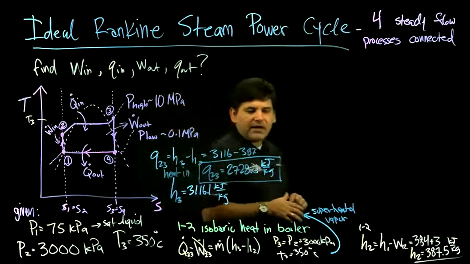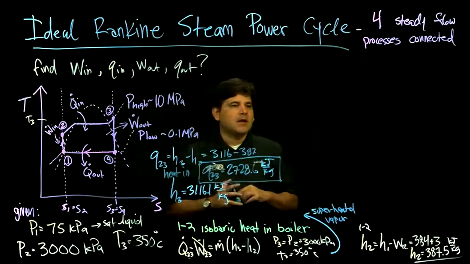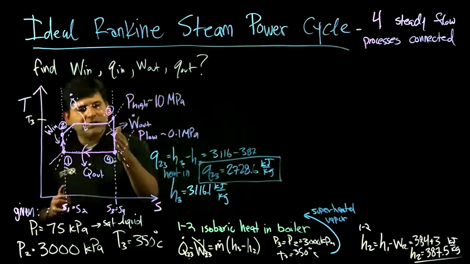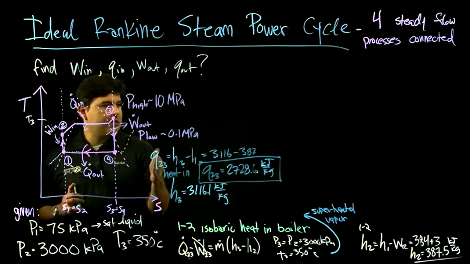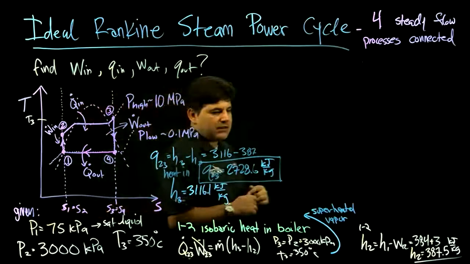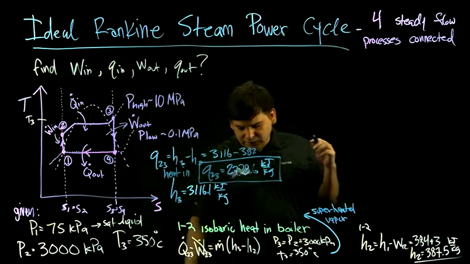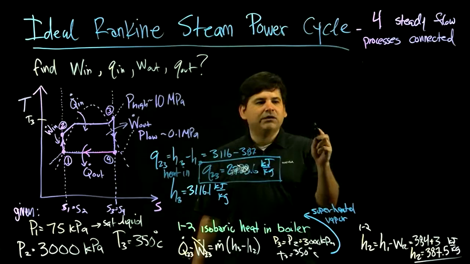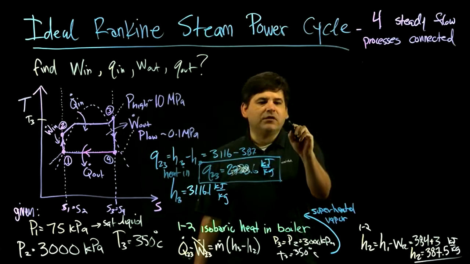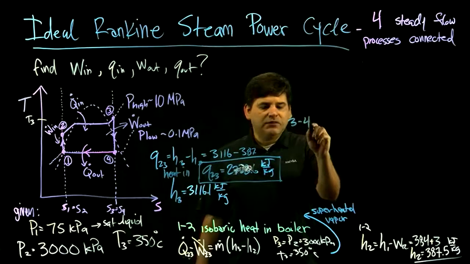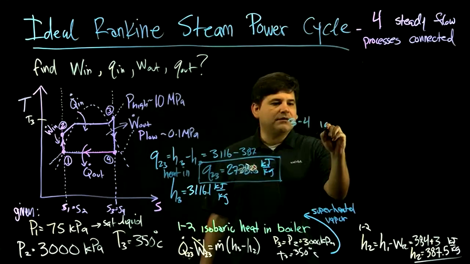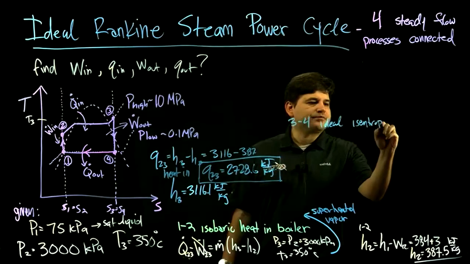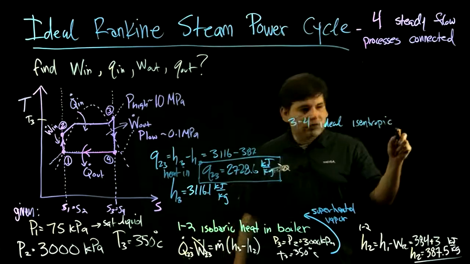All right, now let's find the mechanical work out of this turbine. State 3 to state 4, this is an ideal isentropic turbine.